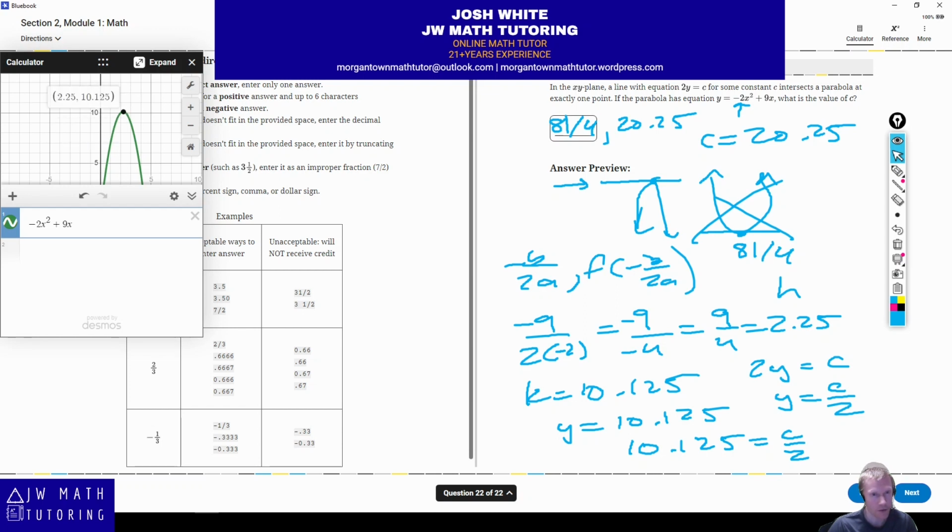So you could get the 10.125 that way rather than doing all this work I did over here. But then you still do have to recognize that the equation is actually y equals c over 2, so technically this value would be multiplied by 2 to get the value of c.